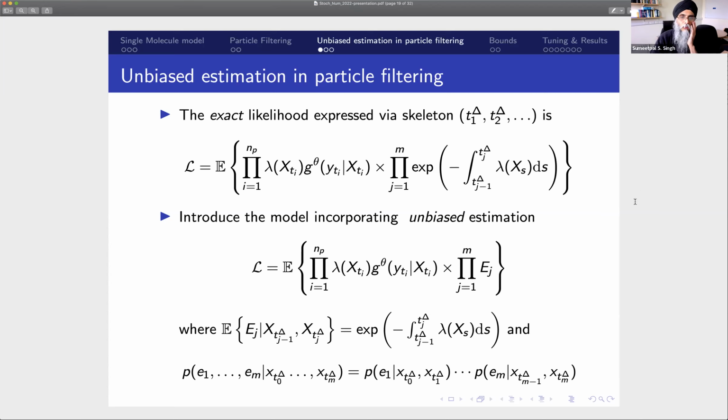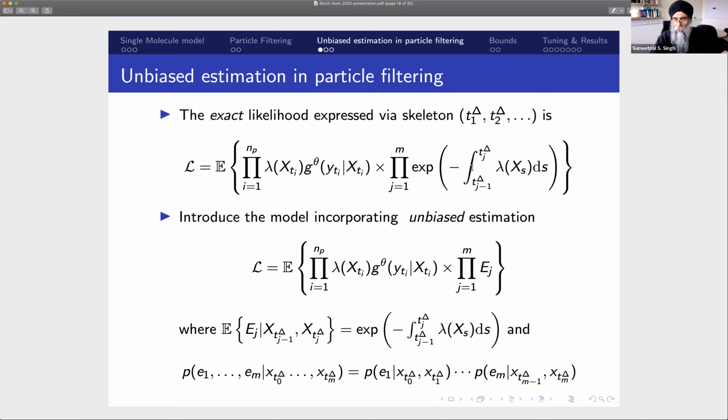Okay, so now I want to get rid of the bias. So I'm going to talk about unbiased estimation in particle filtering. I'm going to stick with the same time discretization, T1 delta, T2 delta, and so on. I'm going to rewrite the exact likelihood using these discretized intervals.